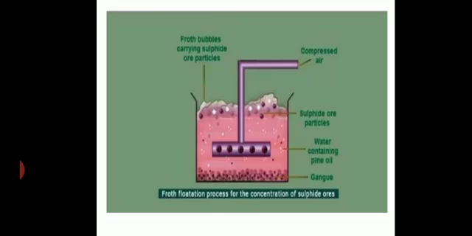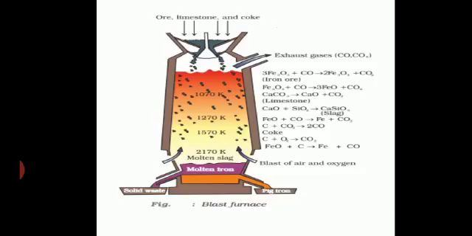The oxygen is blown under 4 to 12 atmospheric pressure, and this blown oxygen oxidizes the impurities of silicon, manganese and carbon to the respective oxides, which escape into the air, and the slag formed floats on the surface of the molten metal and can be removed by tilting the converter. The slag is lighter, it is at the top, so we can tilt the converter and pour out the slag, and the pure iron, which is heavier, sinks at the bottom.